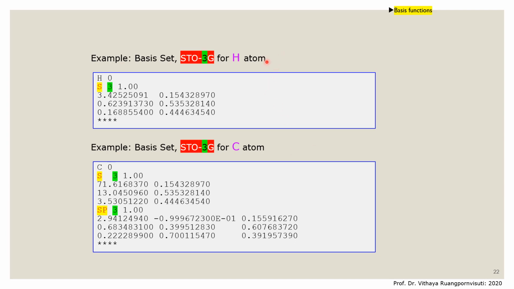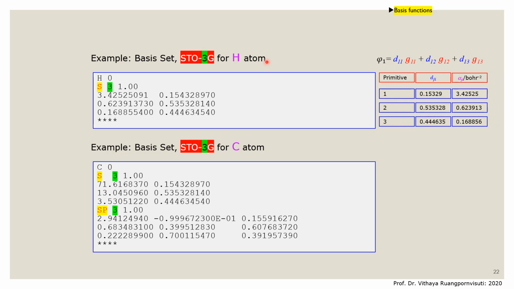For the hydrogen atom, as we mentioned on the previous slide, the 1s atomic orbital is the combination of three primitive Gaussians. One, two, three primitive Gaussians, which correspond to the values in this table.